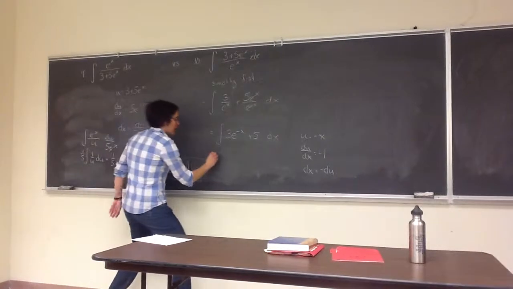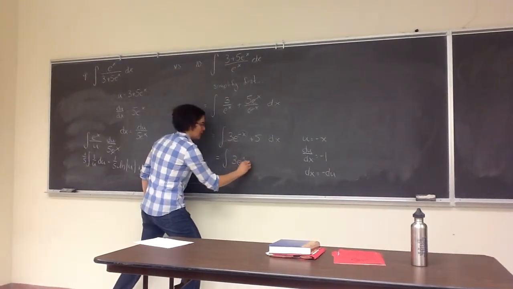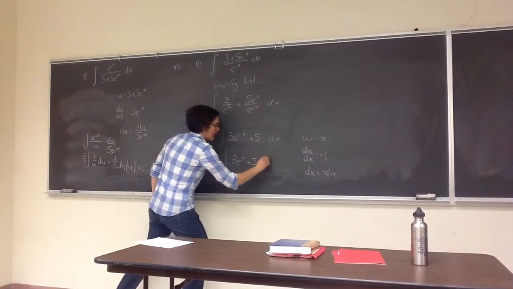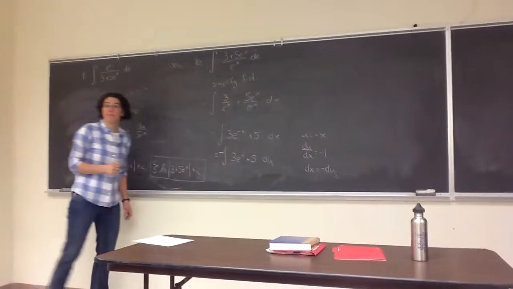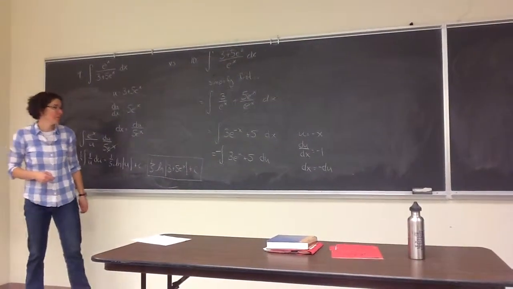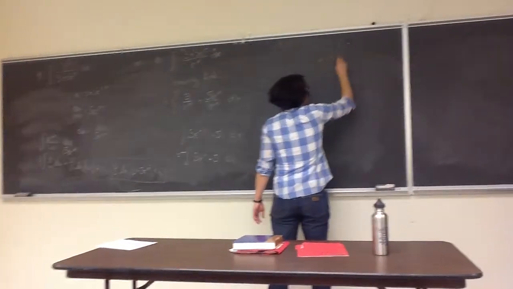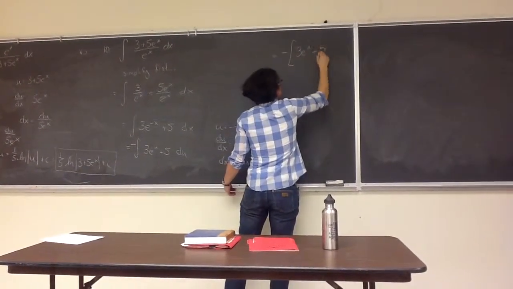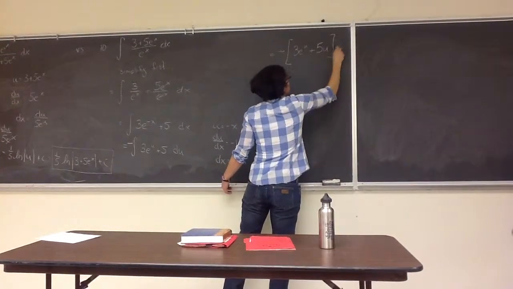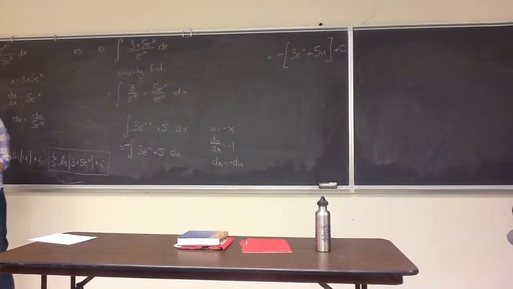So when I rewrite this, I have the integral of 3e to the u plus 5, and then du, well, negative du, but I can just pull that negative right to the front. Now I have negative, the antiderivative of 3e to the u is 3e to the u, the antiderivative of 5 is 5u, and then I have a plus c on the end.